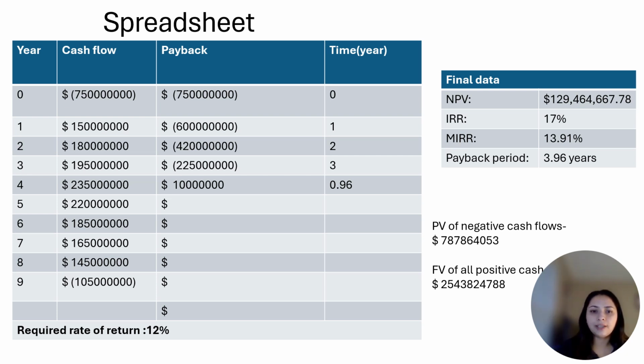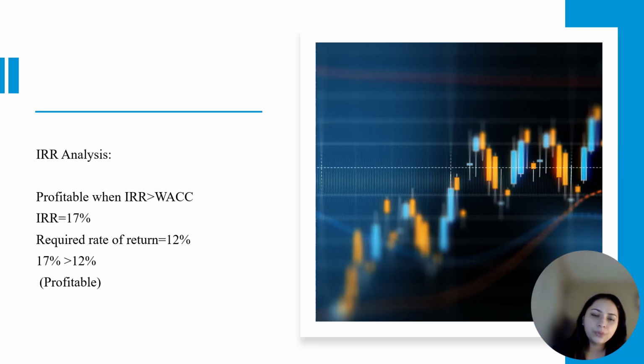So let's analyze each financial method. When we use IRR analysis, the company will be profitable when IRR exceeds the weighted average cost of capital, that is WACC. According to this case, we have an IRR of 17% and a required rate of return of 12%.